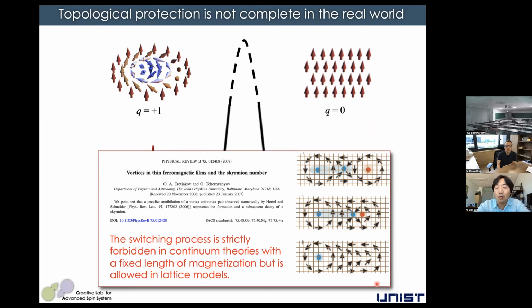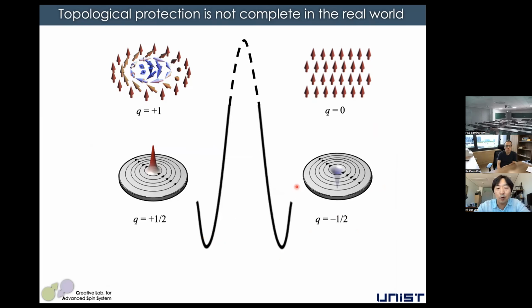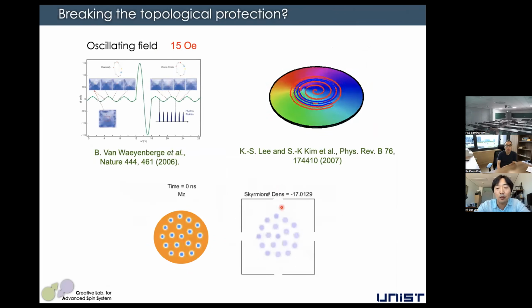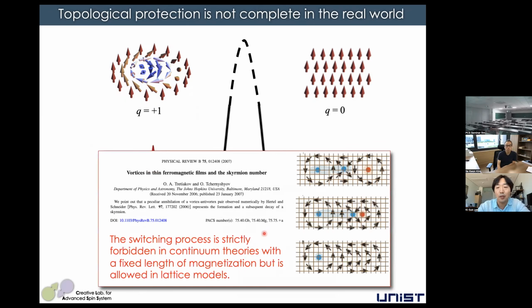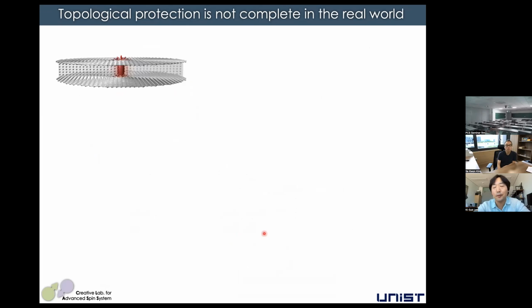You can also apply this kind of explanation to the case of skyrmions. Skyrmion spins are also located at lattice points, and then you can explain the incompleteness of the topological protection.